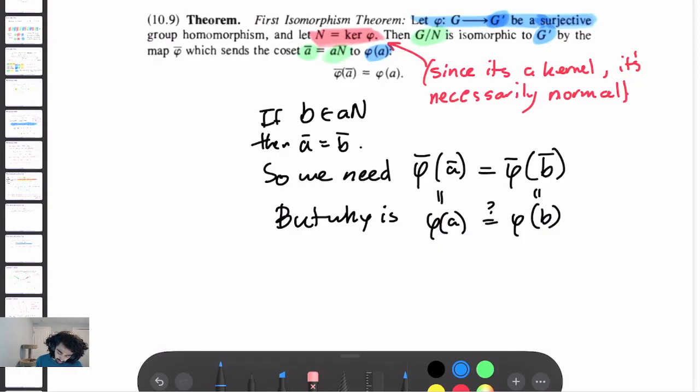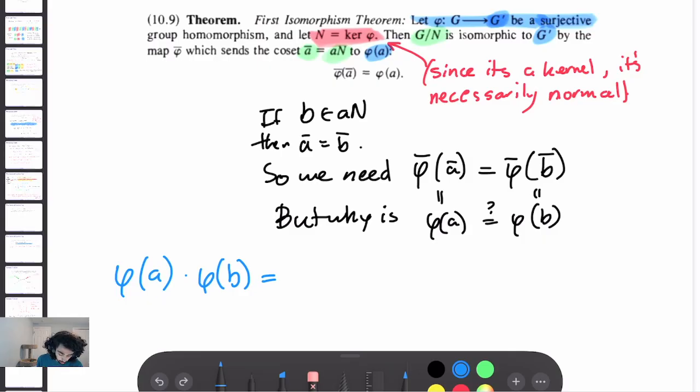So the plan is that phi of A times phi of B inverse. Well, phi is a homomorphism, and that's just given to us, right? We're not assuming, we're not constructing anything.